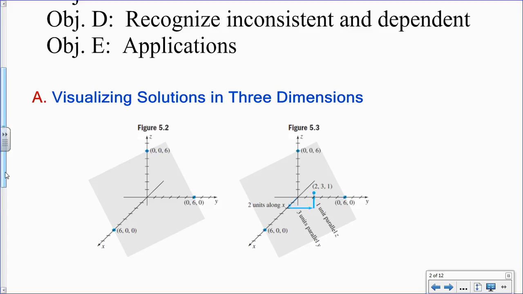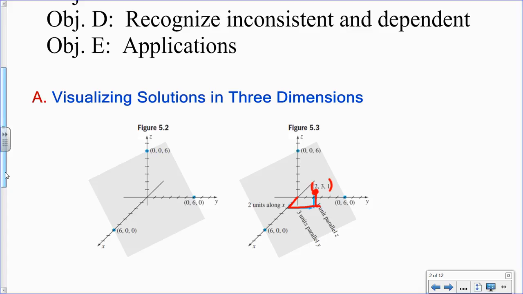If you look at this ordered triple here, 2, 3, 1, it's 2 units along x, 3 units along y, and then 1 unit up in the air on z. You're not going to have to graph, so don't freak out too much if you have a hard time seeing this.